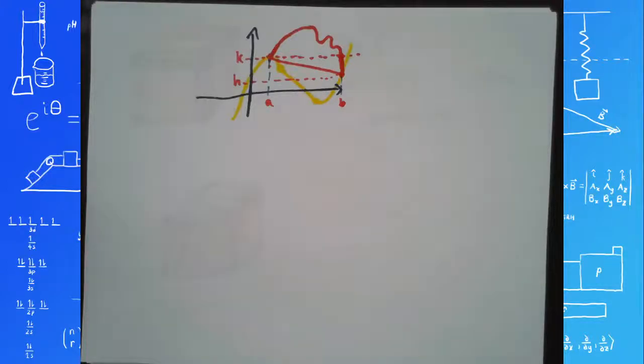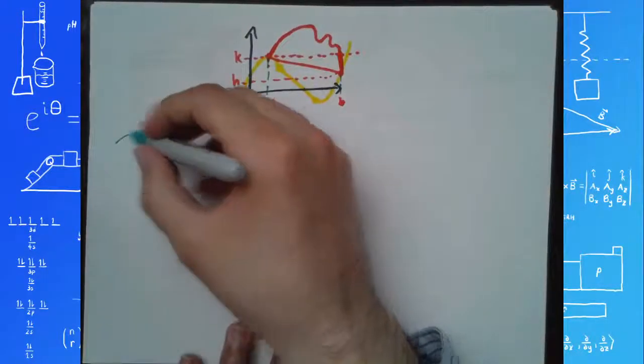How about... Oh, the mean value theorem, why not? Since we're talking about the intermediate value theorem, why not talk about the mean value theorem as well?